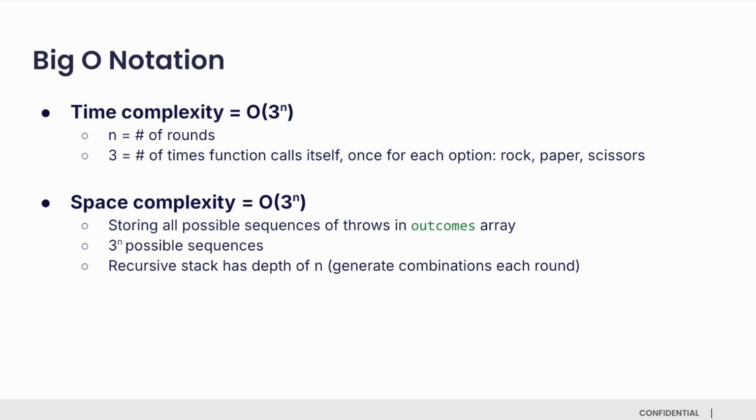While the recursion stack only goes as deep as n, because we have n recursive calls, the dominating factor here is still the number of sequences. So that's giving us the O(3^n) in terms of space usage. So our rock, paper, scissors solution here is efficient for small values of n, but as n grows larger, the exponential growth of the time and space complexity will lead to performance challenges.